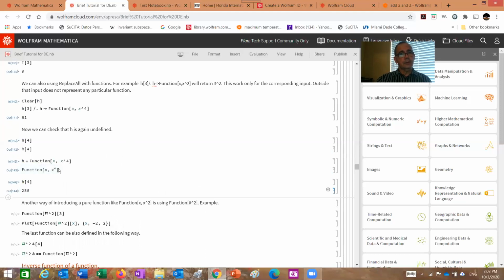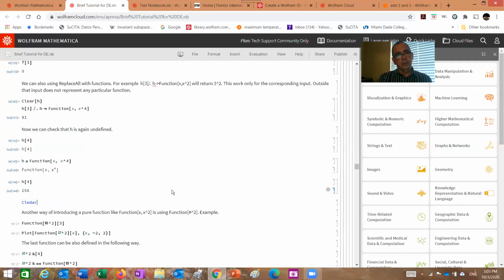Is that right? So if you want the definition to stay longer, then you need to use the equal sign. You need to make h equal this, and then to eliminate that definition, you need to clear h.